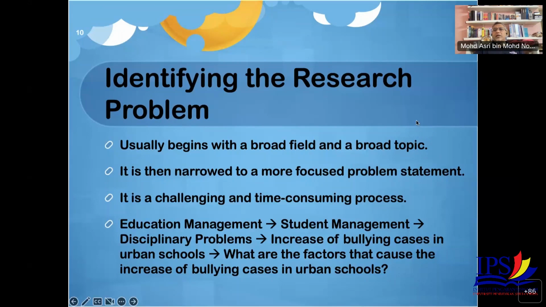All right. Now, going back to identifying the research problem, what we can do is something like this. This is going back to just now when we talked about constructing the research problem.